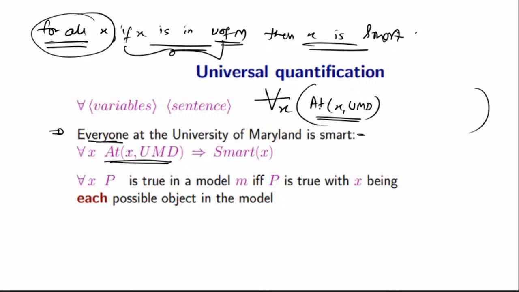So I can say that if x is in University of Maryland, then it implies x is smart, Smart(x). This is how you can convert any English statement into a universally quantified statement. If you have one, then you can convert it into a first order logic formula. This is how you can convert.